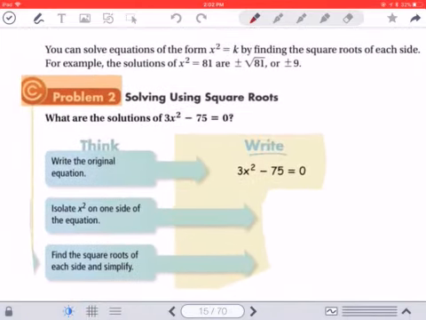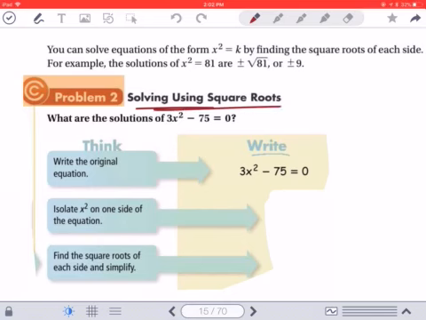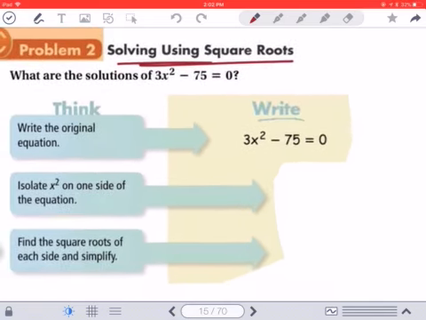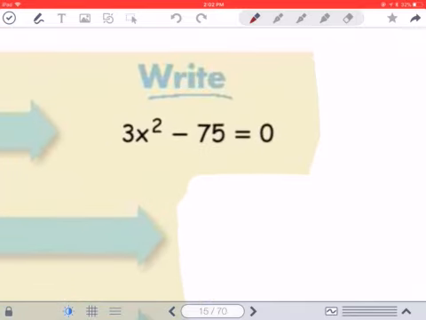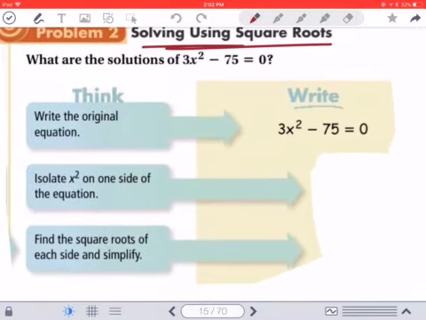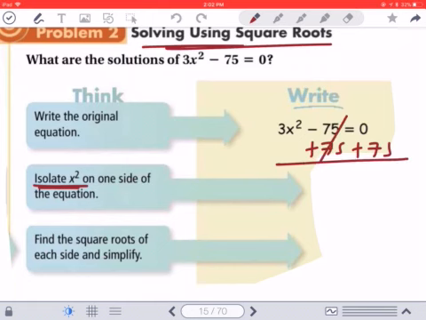Okay, using the square roots method. This is what our Khan Academy assignment is on. How can I solve using square roots? Well, I have this quadratic equation, 3x squared minus 75 equals 0. I have some steps here to help me. This one says isolate x squared, so I want to get x squared by itself. How can I do that? I can add 75 to each side.